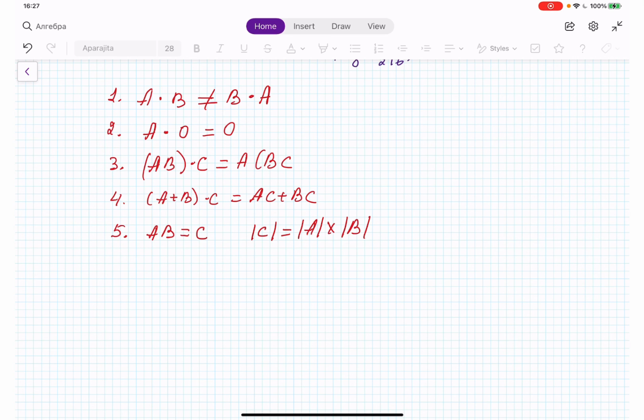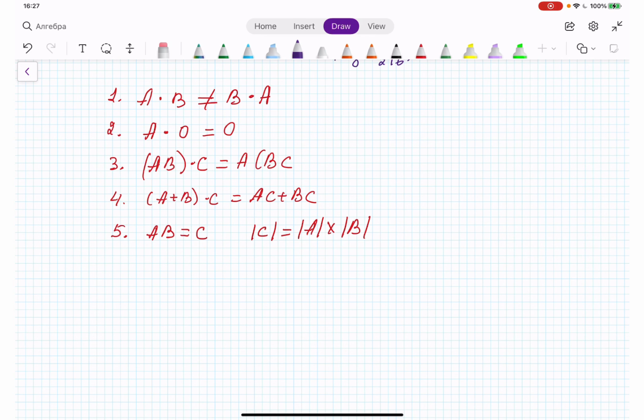In order to get the transposed matrix A, with index T, that means transposed, we need to take the original matrix A and replace the columns with corresponding rows according to the following principle. The first row will become the first column, the second row will become the second column, and the third row will become the third column. So what does that mean?